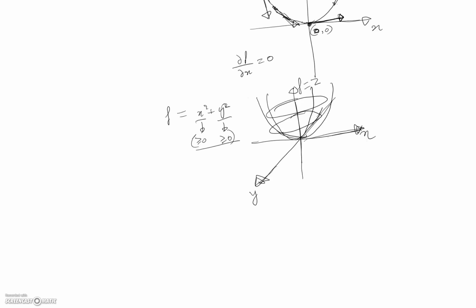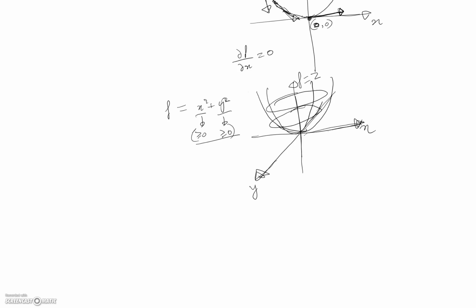And when you go to multiple dimensions, the concept of the derivative is replaced by the gradient operator, which is simply the derivative with respect to x along the x direction and the derivative with respect to y along the y direction. And when we apply this operator to f, we get 2x along the x direction and 2y along the y direction.